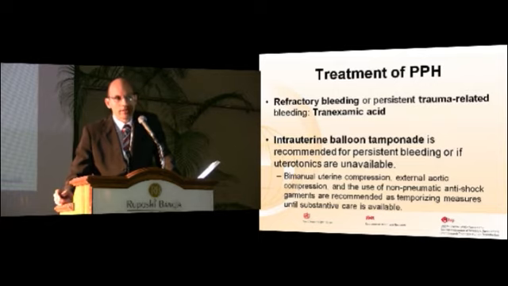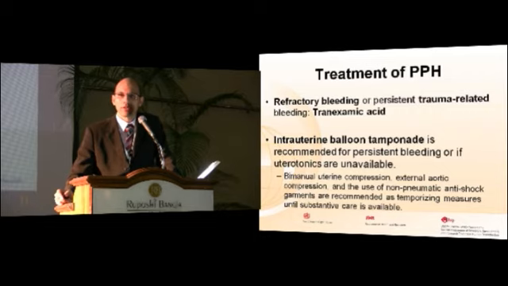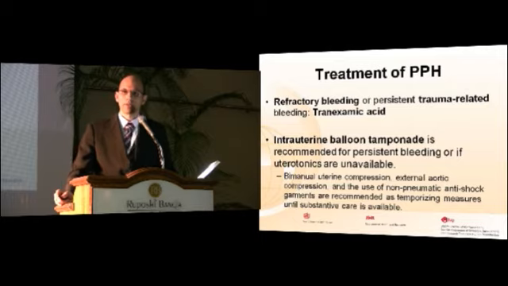But in some situations, bleeding will persist, and then in those conditions where we have refractory bleeding or persistent trauma-related bleeding, we highlight the possibility of using tranexamic acid. And there are some other interventions, such as the intrauterine balloon tamponade, that is recommended for persistent bleeding or if uterotonics are not available.